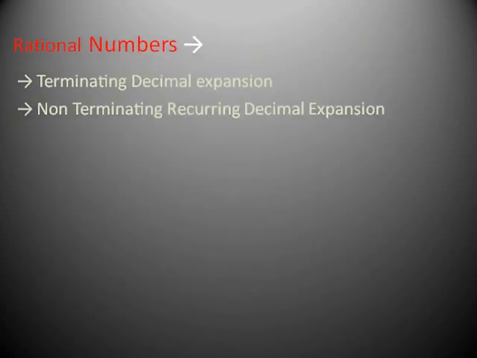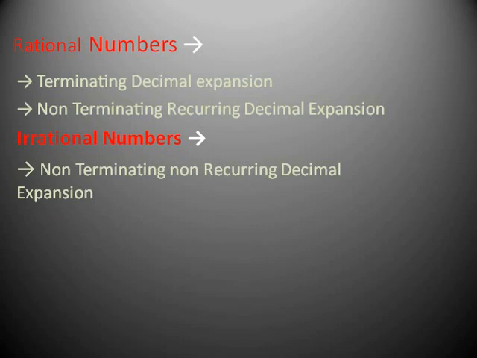Now just note down that terminating decimal expansion and non-terminating recurring decimal expansion, they can be converted in the form of p by q, so they are called as rational numbers. And non-terminating, non-recurring decimal expansions cannot be converted in the form of p by q, so they are called as irrational numbers.